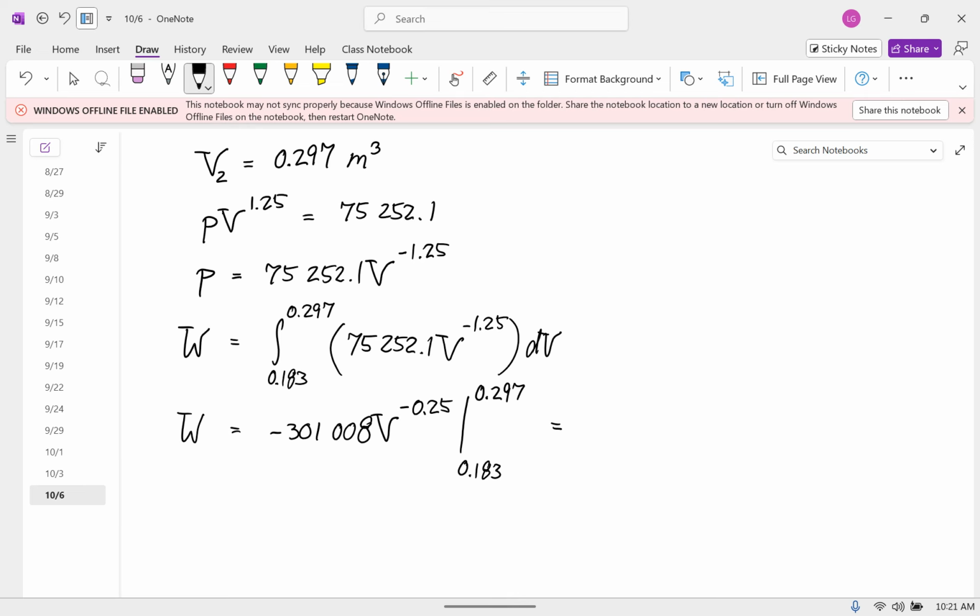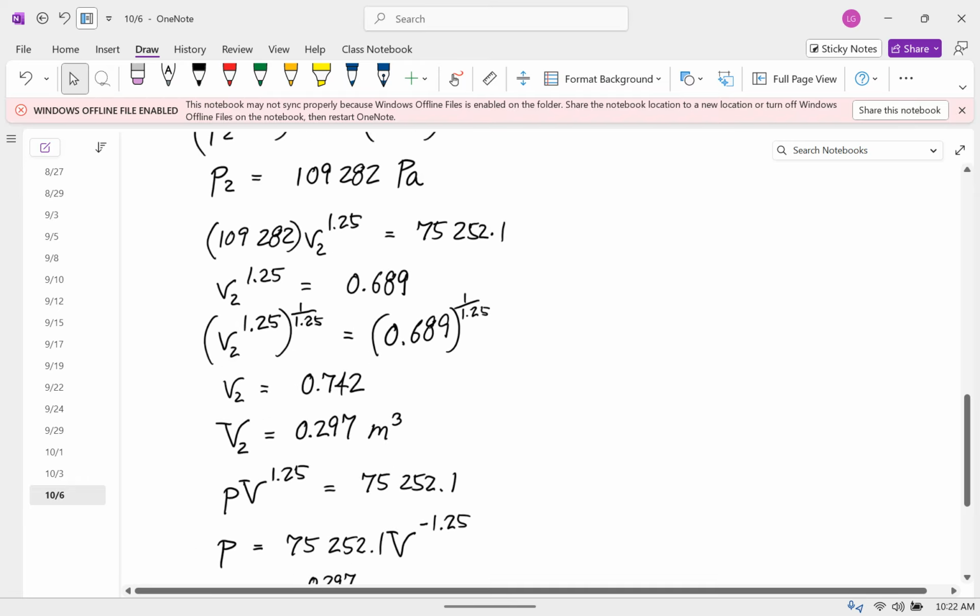And then we're multiplying that number by negative 301,008, and we get a work of expansion of 52,474.5 joules. Does it make sense that we got a positive work of expansion? Yeah, it expanded, the volume increased, so that's what we expect.